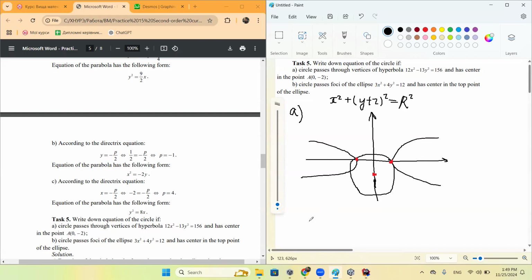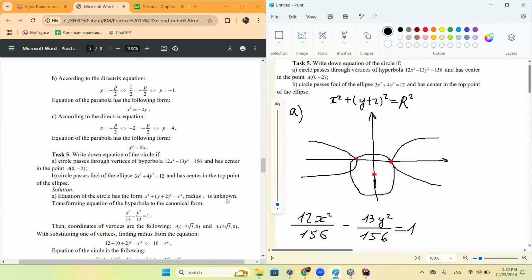So first of all, let's transform the equation of the hyperbola to the canonical form. 12x in power of 2 by 156 minus 13y in power of 2 by 156 equals 1.